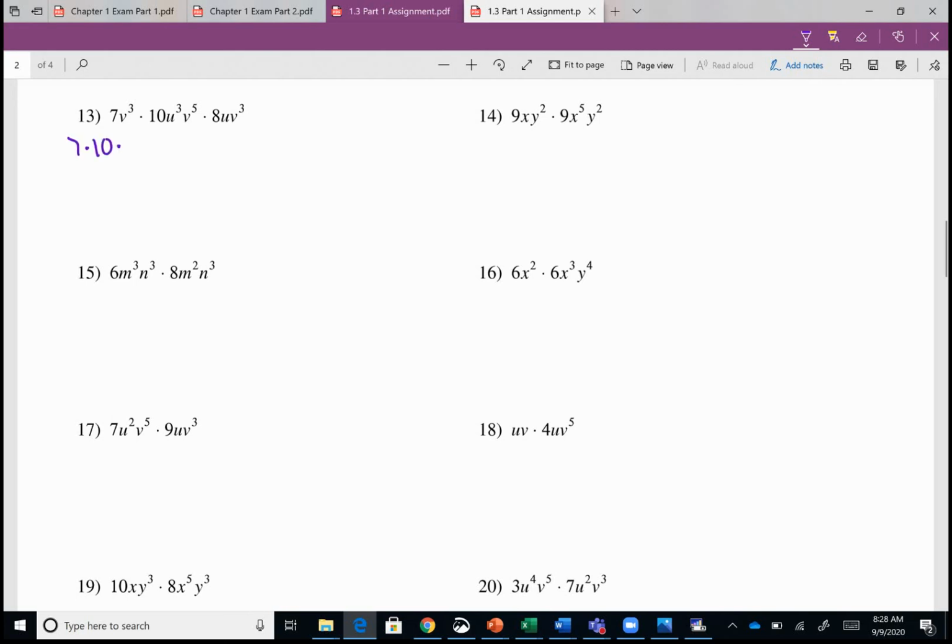I'm going to grab those coefficients, and I'm going to keep using that word coefficient, so hopefully it starts sinking in for us. And then I'm going to go alphabetical. I'm going to put the U's together. This second U is missing a 1, so I'm going to put the 1. And then I'm going to put the V together.